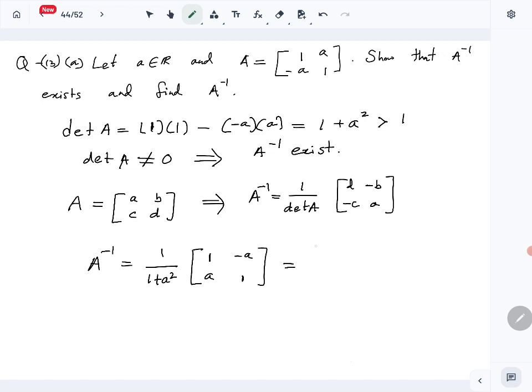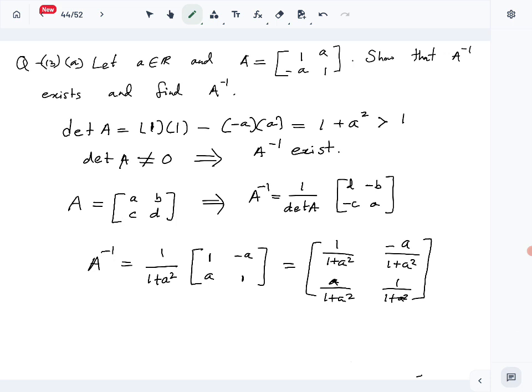If we want, we can put the constant inside into each term. So we will get 1 over 1 plus a squared. Then the second term is minus a over 1 plus a squared. Then in the second row, first term is a over 1 plus a squared, and second term is 1 over 1 plus a squared. So that is the A inverse matrix.